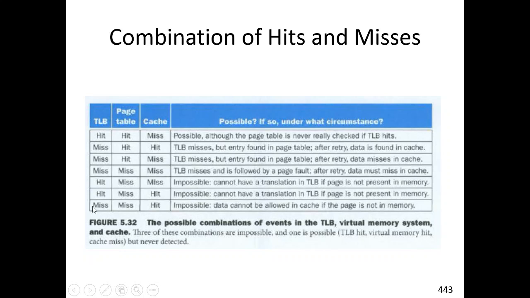Here are all the possible combinations of events, because now we have the TLB, the page table, and cache. So what's going on? This talks through them. I won't go through every situation; maybe I'll leave that up to you to look at. You can pause it here and look at it. Here are all the combinations that can happen when we're looking for data or an instruction, and why, and what we do to deal with them.